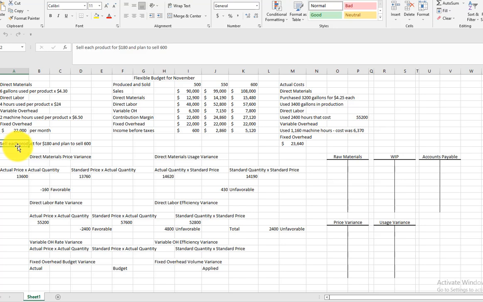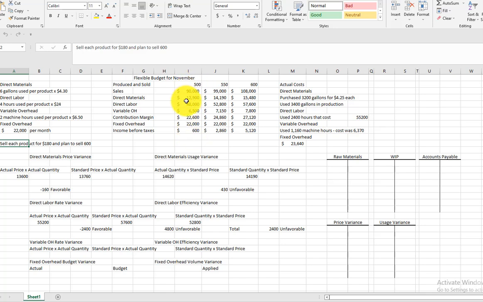Our selling price is $180 for our product, and we plan to sell 600. So our static budget is based around 600. Because we are likely not to hit exactly 600, we're going to create a flexible budget for a particular accounting period, in this case, November.